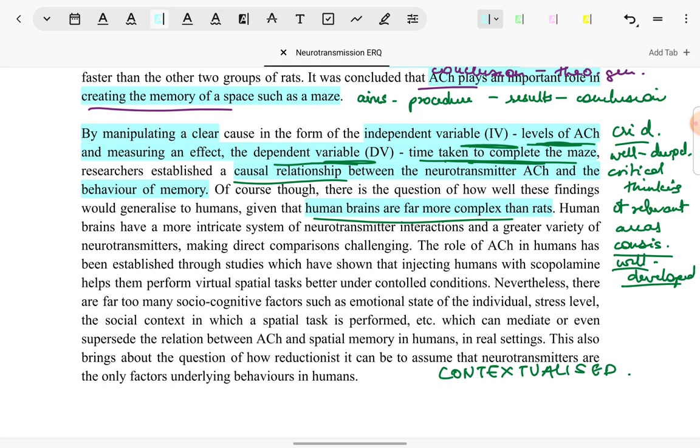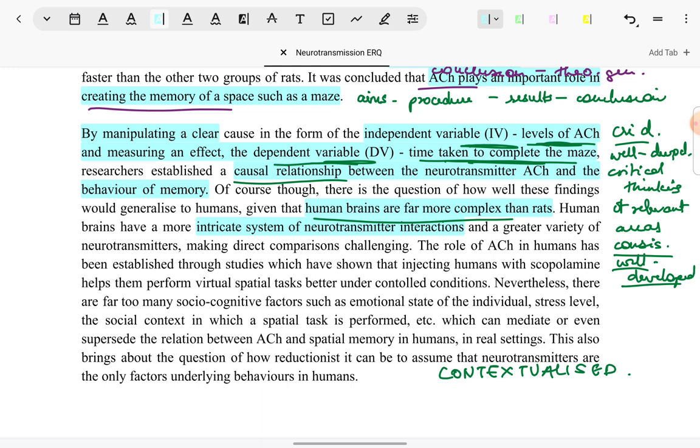Again, to contextualize this point or elaborate further, because human brains have an intricate system of neurotransmitter interactions. Humans have far too many neurotransmitters in their brain compared to rats, and these neurotransmitters interact with each other. They depend on each other for their release and reception.